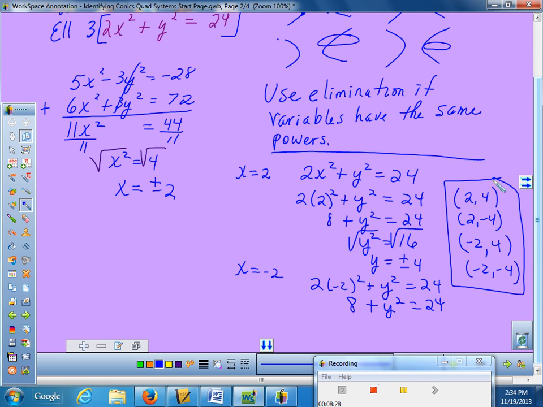You think NASA ever worries about where things are going to intersect? Yes. Asteroid coming by, is it going to hit our satellite? Are they on the same path? Except they're going to do it in 3D. Yeah, it's a little more complicated.